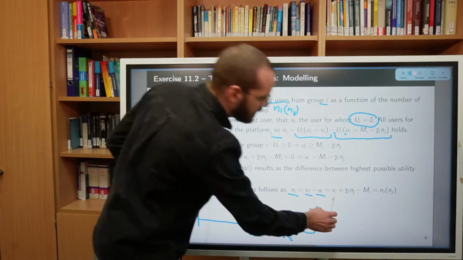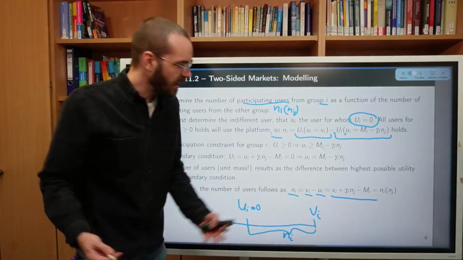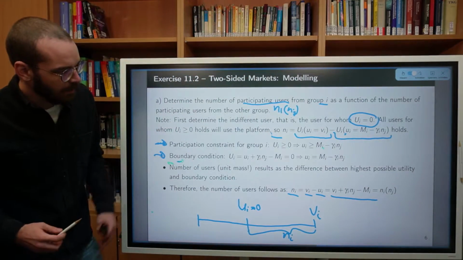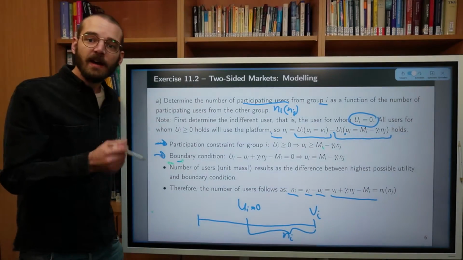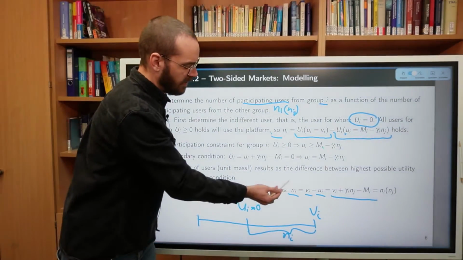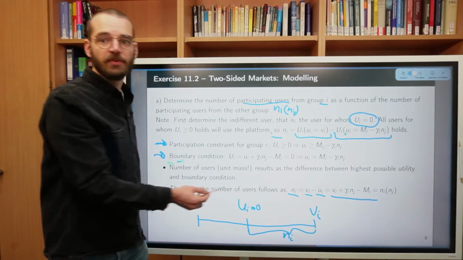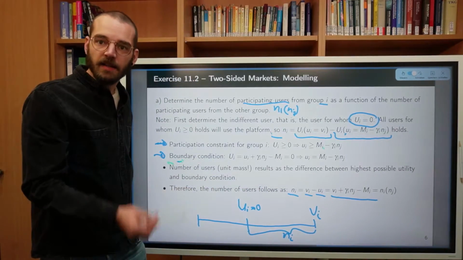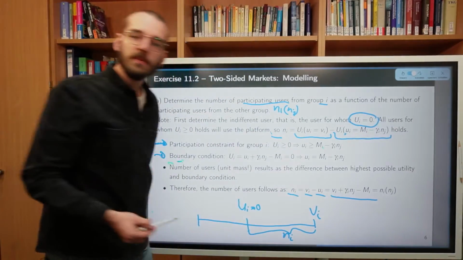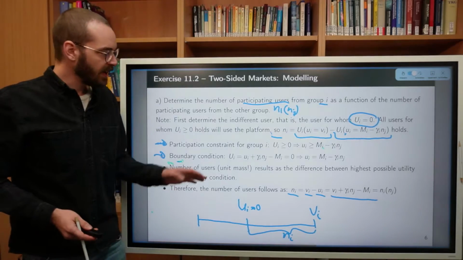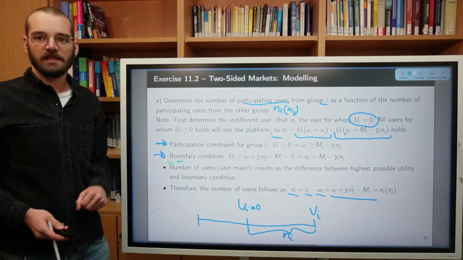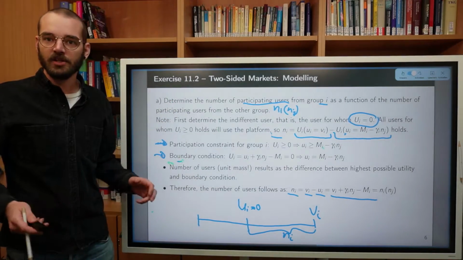So what we get is vi plus gamma I times nj minus mi. And with this, of course, we have an expression that provides the number of users from group I, ni, as a function of the number of users from group j, nj, which is all that we were asking for in this task, ni as a function of nj.